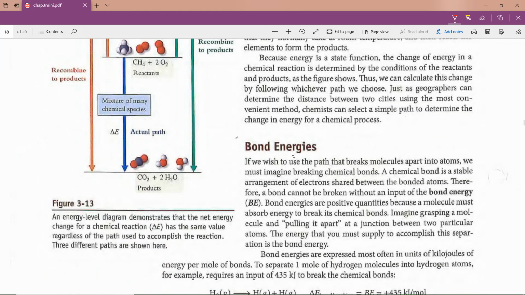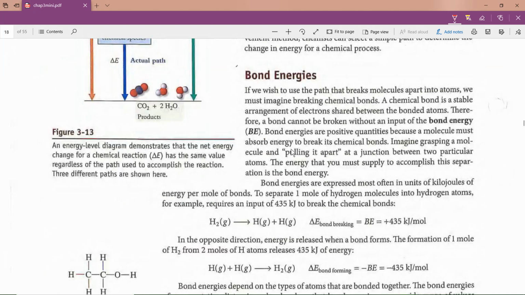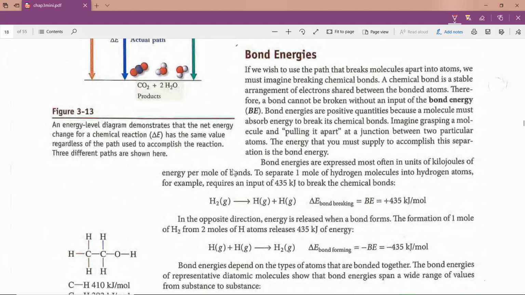Path independence, I don't care much about that. On its own, it's okay, but it's not such a big deal. So our last topic in this lecture is going to be about bond energies, because we're talking about breaking bonds and forming them.